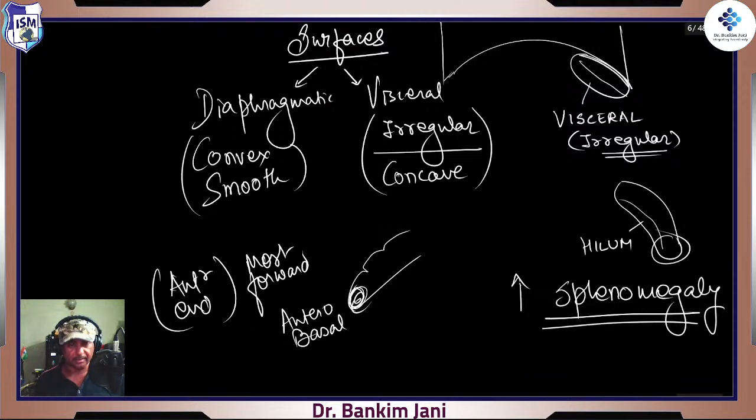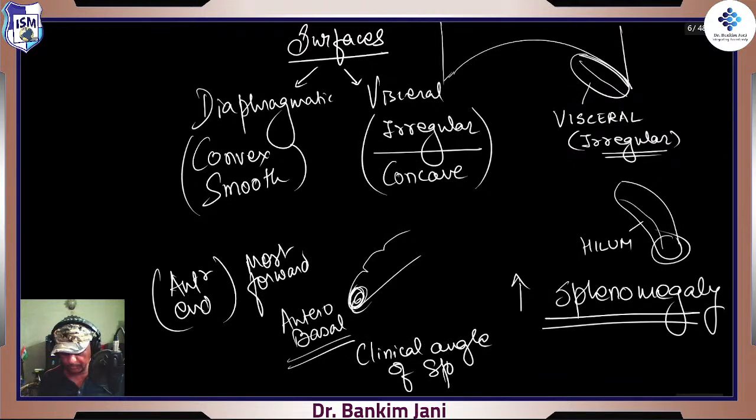This is the region which can be palpated when the spleen is enlarged. This is the reason it is also called the clinical angle of spleen. You'll find it when the spleen is enlarged.